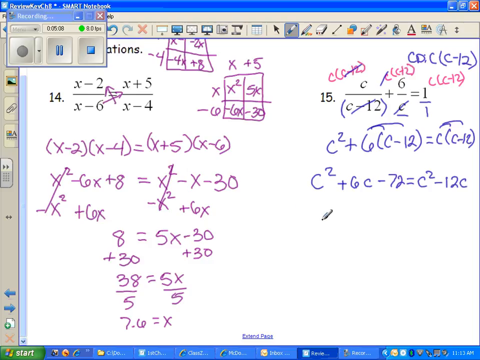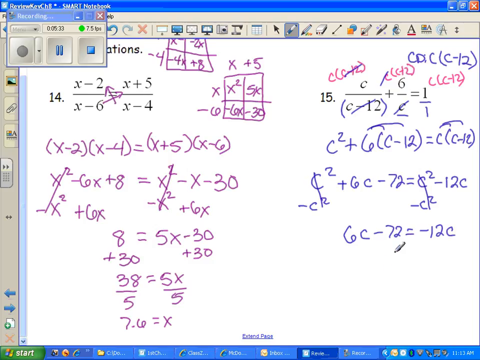And again, really excited about the fact that both sides have a c squared, so that when I subtract, they cancel, and I'm not going to end up factoring. I now have, on the right side, and I'll copy this so it's easier to see, 6c minus 72 equals negative 12c on the right.